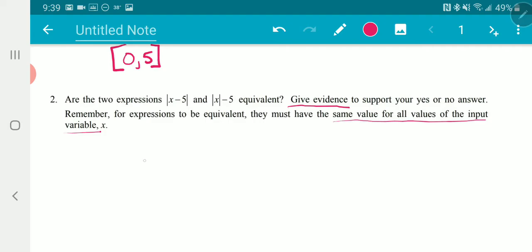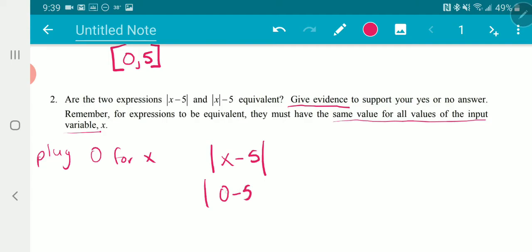So my first easy number is going to be 0. So I'm going to plug in 0 for x. So if I do that with my first equation, absolute value of x minus 5, that's going to be 0 minus 5, which is just minus 5. And then my answer would be 5.